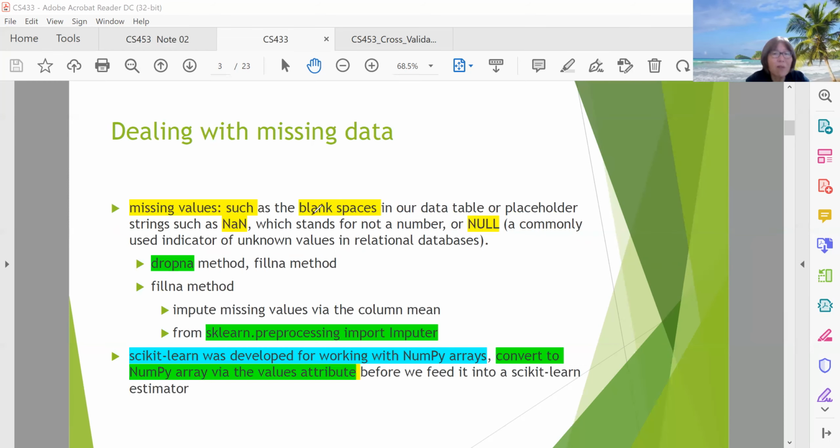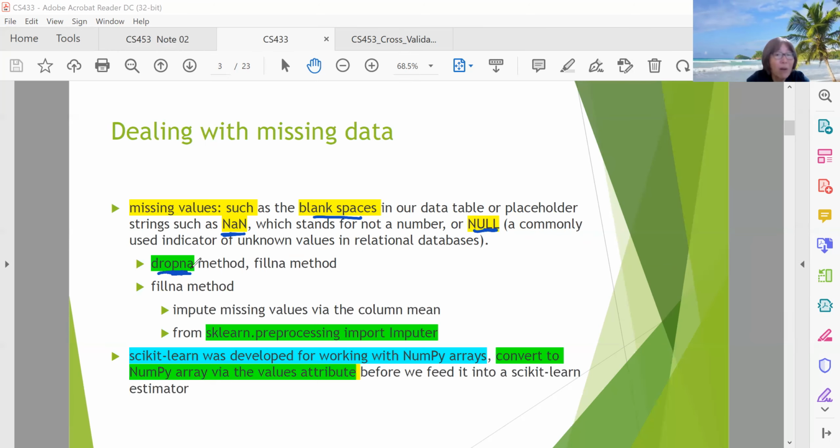A missing value is, in some cases, a blank space or placeholder in the table, like NaN from NumPy, or null values, which sometimes happen in a database.